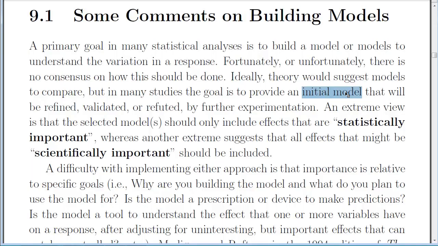Now you've got a more focused idea, you've learned something, and you can then, by further experimentation, collect more data, either as an experiment or an observational study, and see whether the model that you fit initially is validated. Or maybe you learn a little bit more and you refine your model.